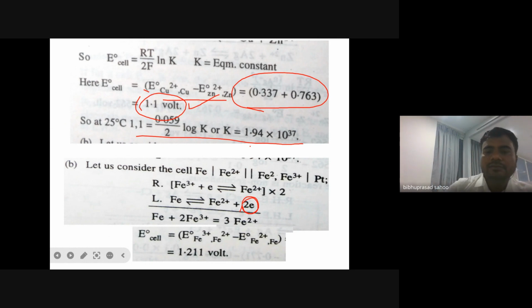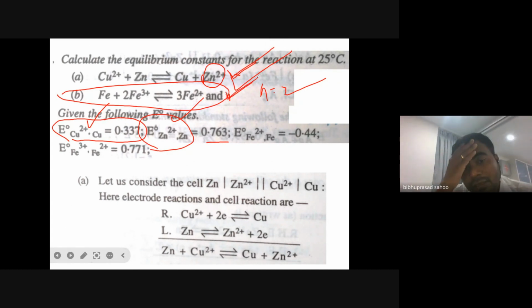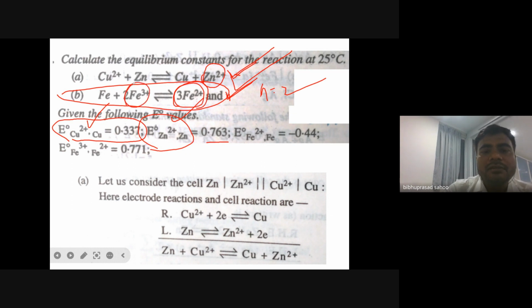So here E naught cell is equal to... in this reaction, students, who is cathode and who is anode? It is a cell. The first one is a cell, the second one is an electrode, or you can say a cell, no problem. See here, Fe2 plus is your cathode and Fe3 plus is your anode.